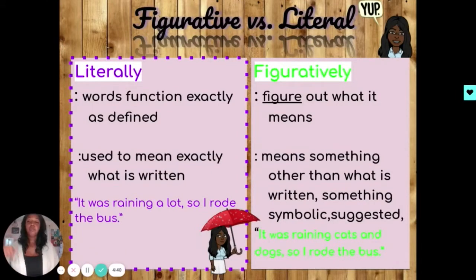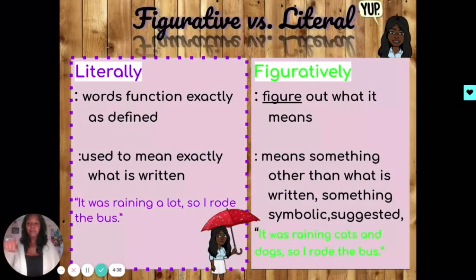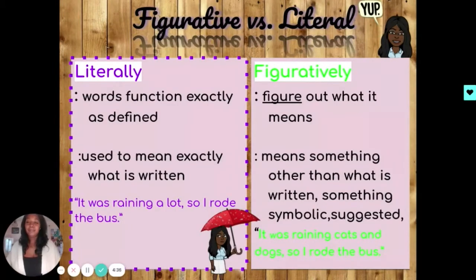Can I have somebody please read the next line for me? Yes, Troy. Correct. It is used to mean exactly what is written. So an example of literal language would be, it was raining a lot, so I rode the bus. Remember that. Now let's look at the figurative side of things.